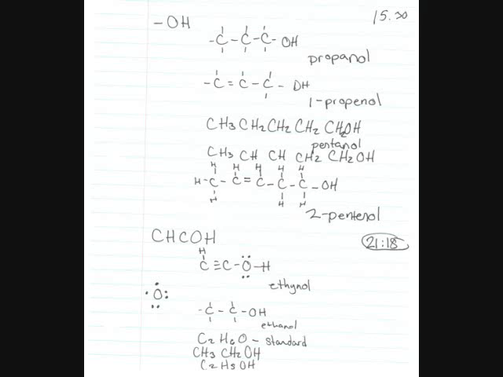So, if we've got this, we still name it based on the number of carbons. So how many carbons do we have? 3, so it's propyl. So that's going to be prop. What are our bonds like?